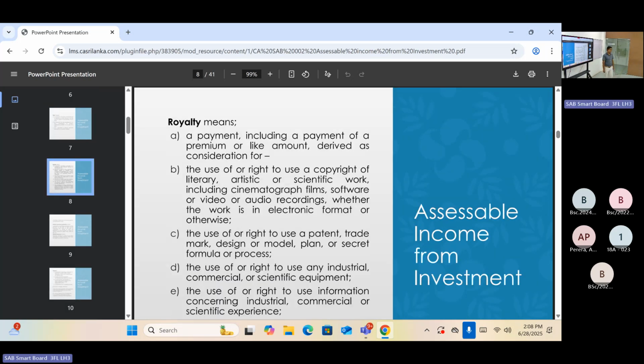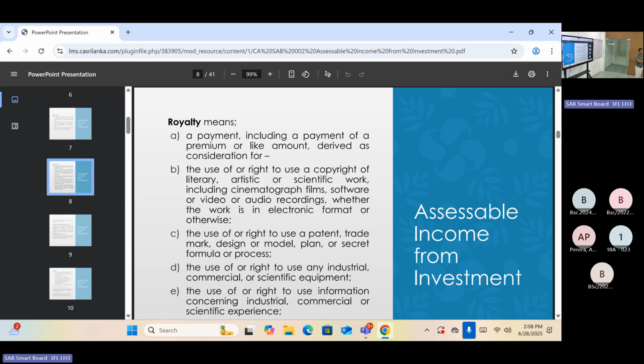So what is royalty? Royalty means a payment, including a payment of a premium or likely amount, derived as consideration for the use of or right to use of copyright of literary, artistic or scientific work, including cinematographic films, software or video, audio recording, whether the work is in electronic format or otherwise.